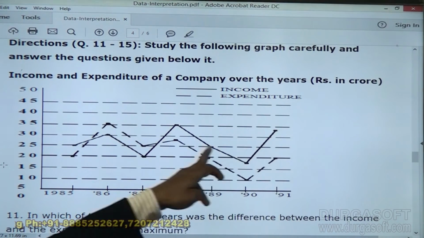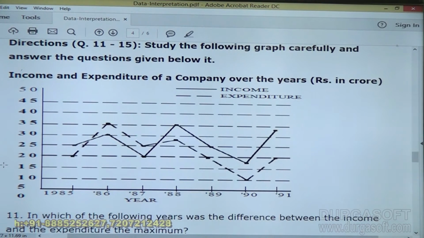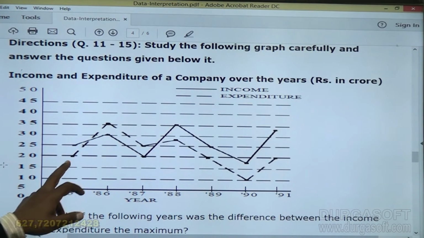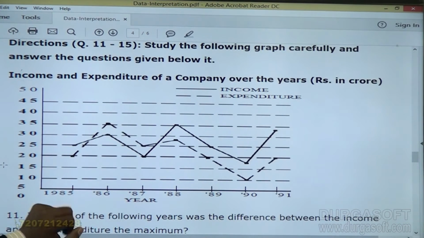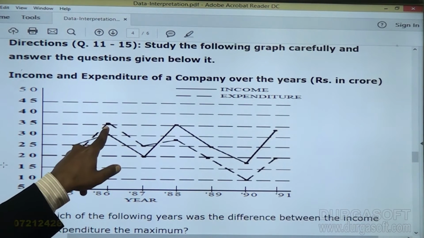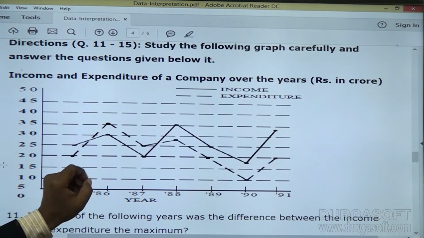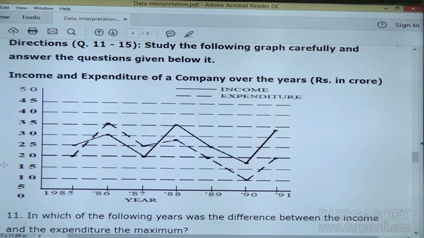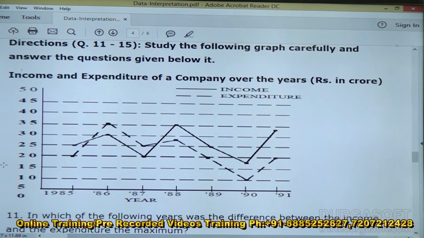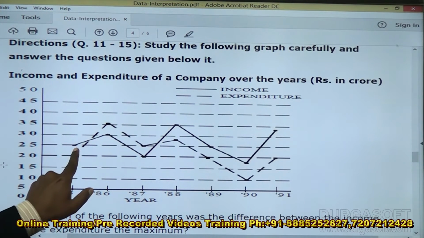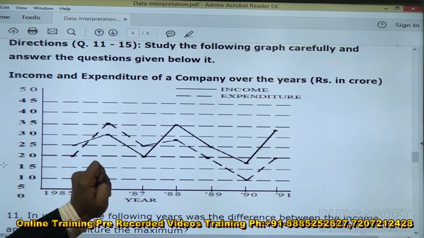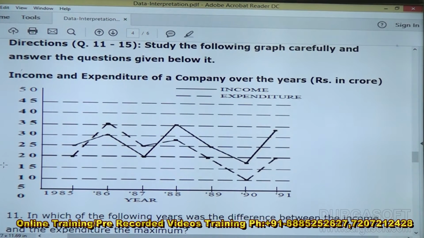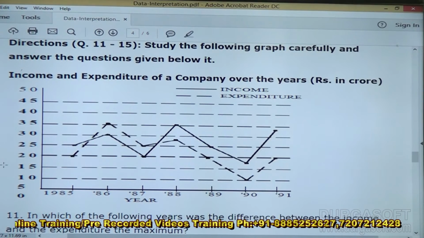Then in 1991 it is close to 34. The problem with this line chart is that we cannot say the exact values, because here the dot is not exactly at 35. It is somewhat above 35. However, in your exams the exact values will be written above the dots so that the calculation will become easier for you.